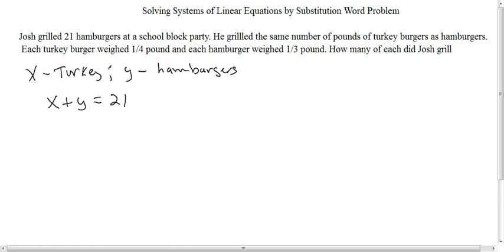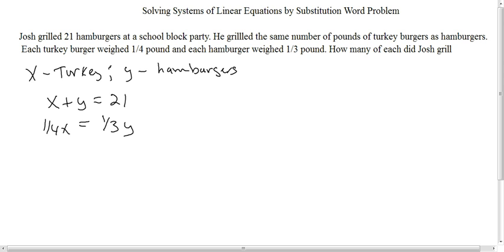We know that the turkey burger was 1/4 of a pound, so 1/4 X equals 1/3 Y. That looks strange, but that's what the problem is giving us.